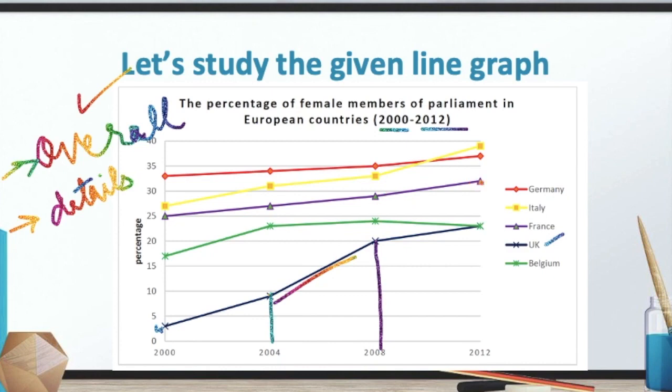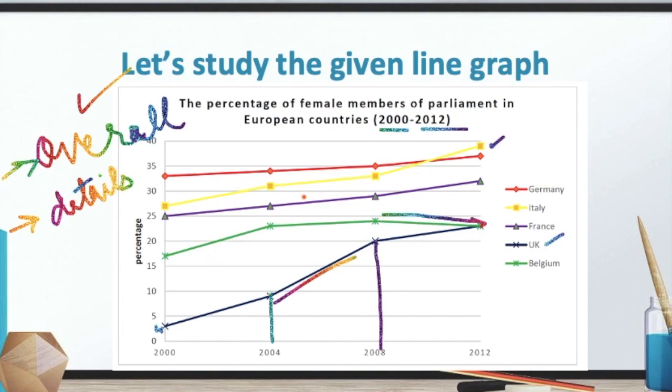For a country like France, it is steadily increasing throughout. As far as Italy is concerned, it remained steady for the 8-year period, and after that it registered a sharp increase, and the participation was the highest in the year 2012. Then it is only Belgium that actually fell down a bit, a negligible fall, right?